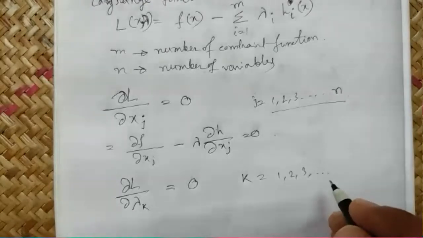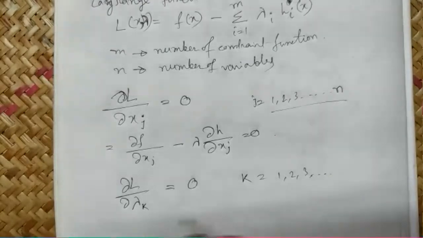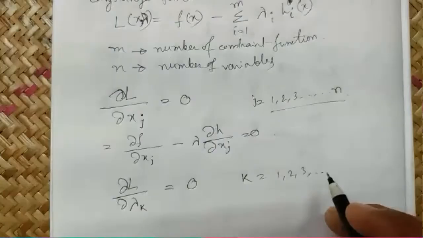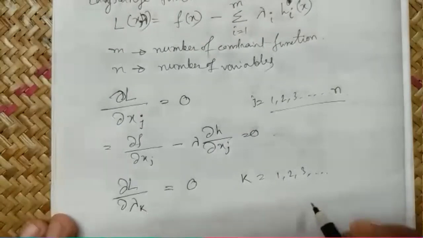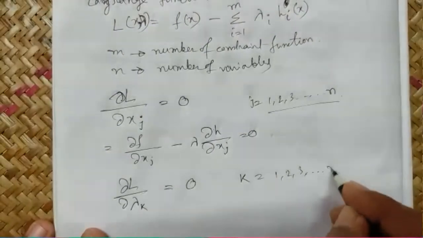So if there are 3 constraint functions, then we have to go up to m.